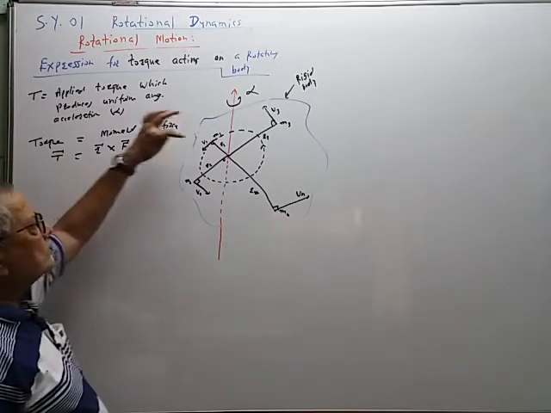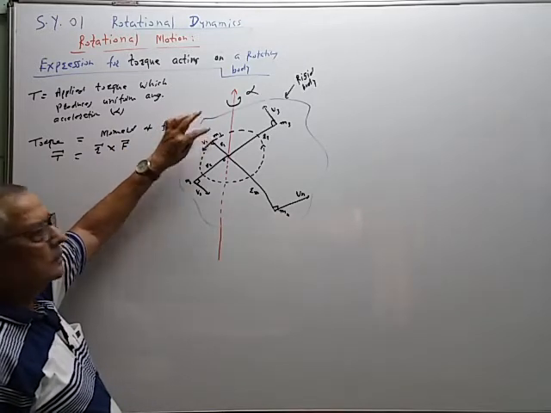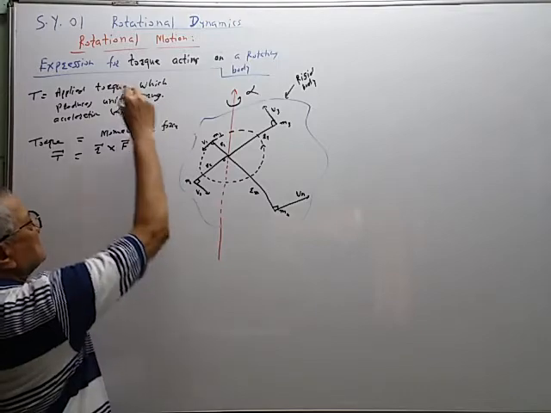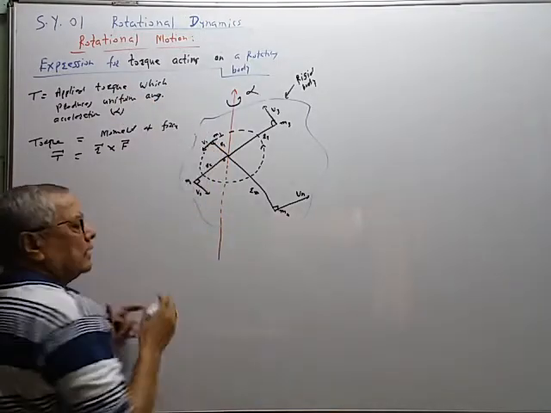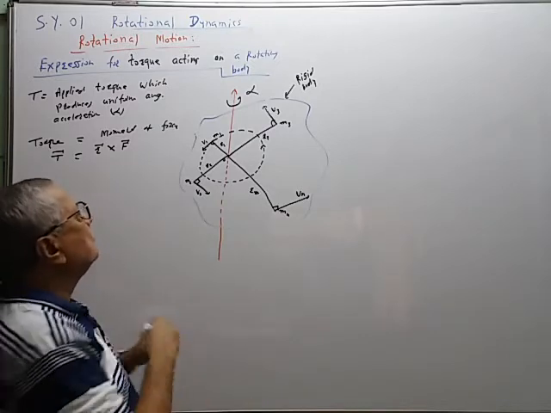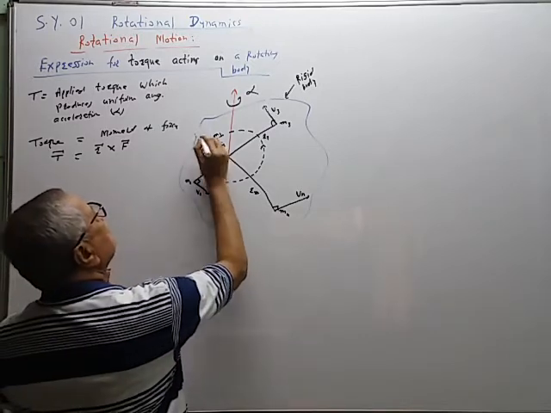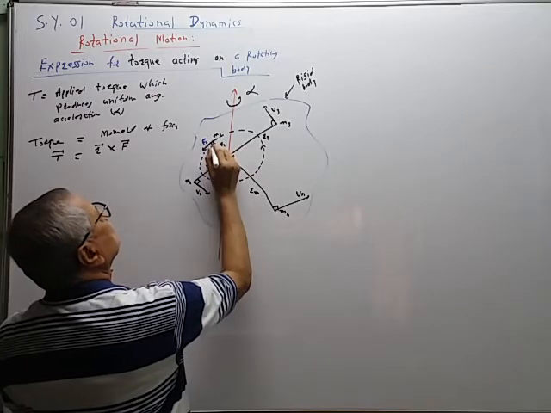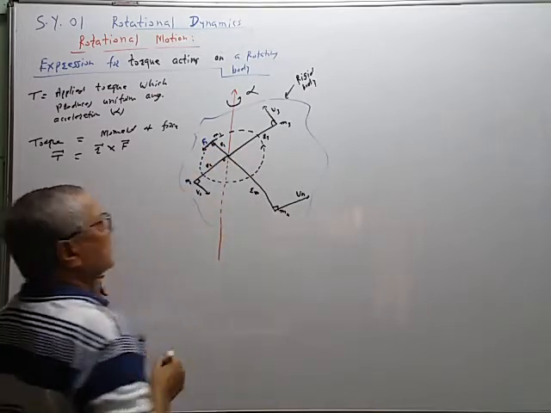So if we consider the first particle, then when the torque T is applied, the force acting is F1, and this F1 is in this direction. So I will replace this v1 by F1. So this angle is 90 degree, this is vector r1.